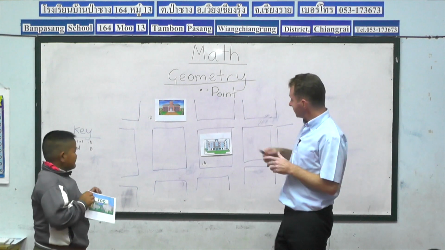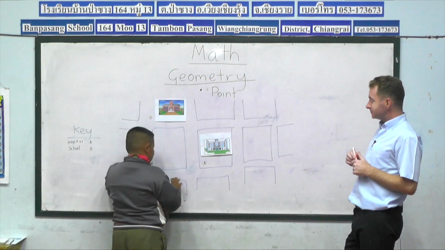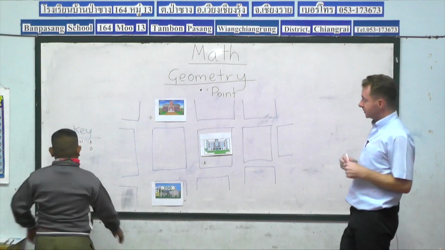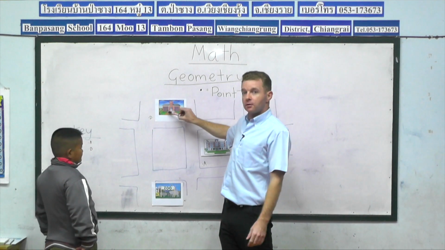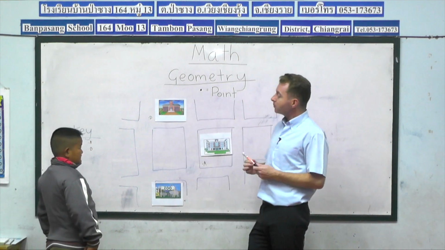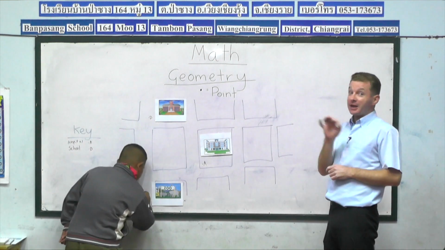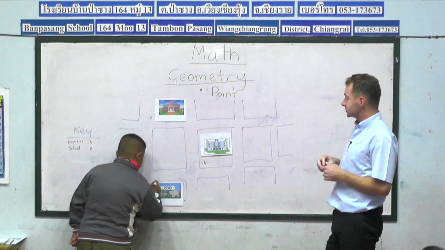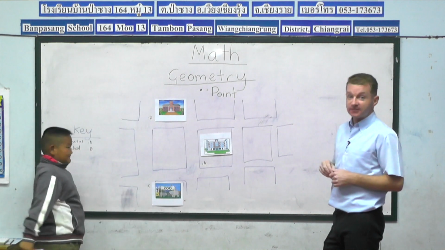So Net, first of all, where on our map will you put your zoo? Up to you. Excellent. Okay, so we've got the hospital, point A. We've got the school, point B. Net, what point are you going to give your zoo? Remember, it can't be A or B, but it can be anything else. So Net has gone for point C.